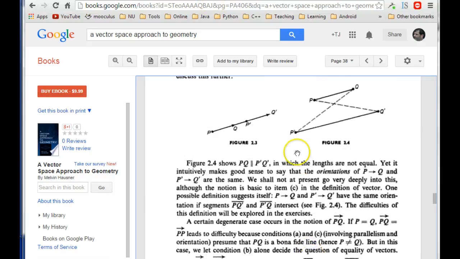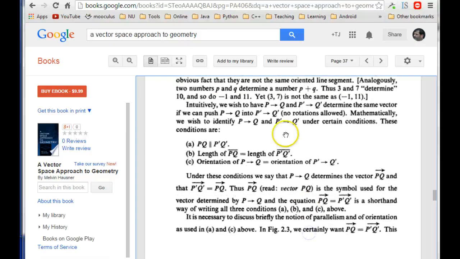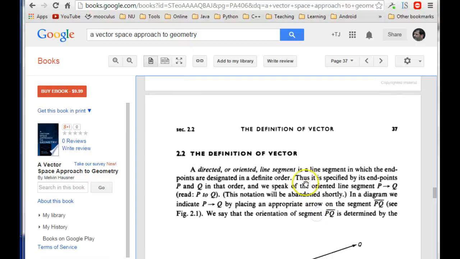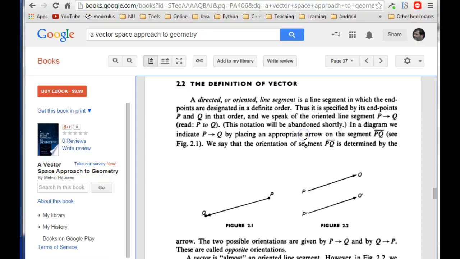Let's find his definition. He starts by talking about a directed line segment. If you've taken geometry, you might be familiar with this kind of picture representing a ray.